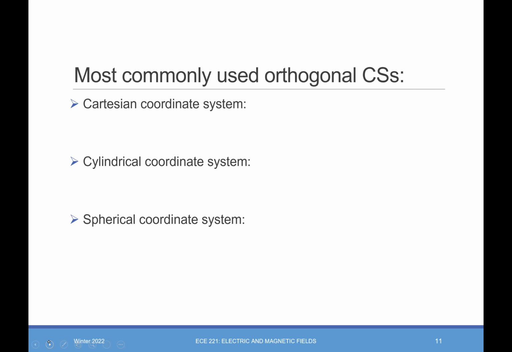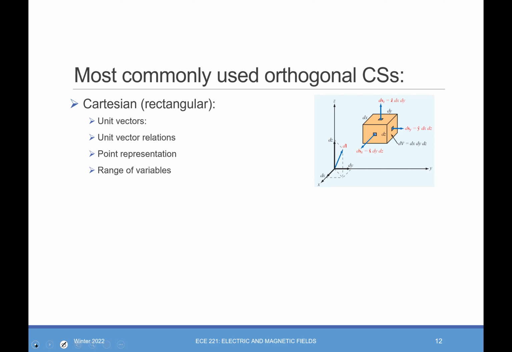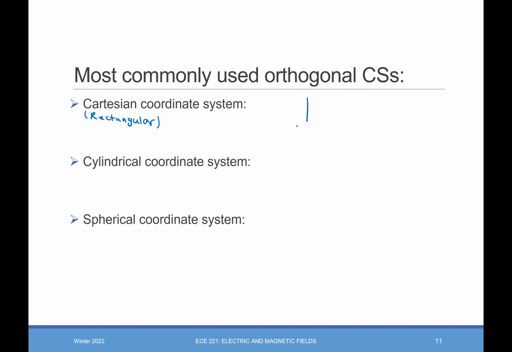Now, there are some commonly used orthogonal coordinate systems. One of them is Cartesian, or what you might have heard as rectangular. Then we have the cylindrical and spherical coordinate systems. In a rectangular coordinate system, as the name suggests, we are looking at the axes of a rectangular box, like x hat, y hat, z hat.